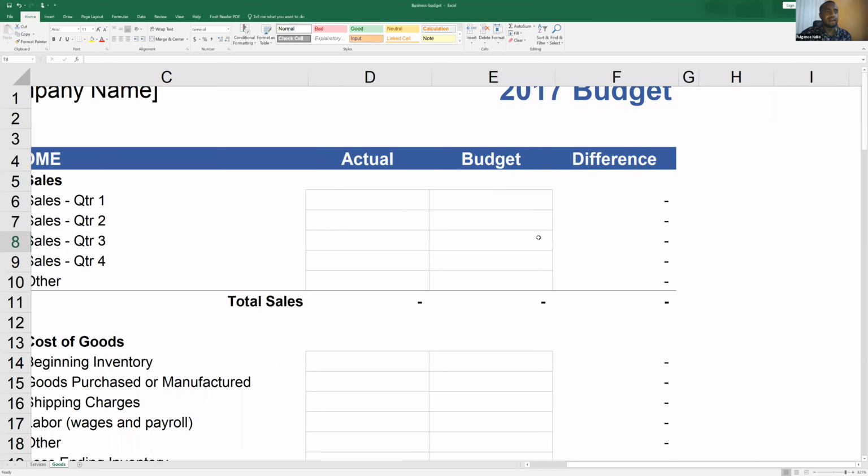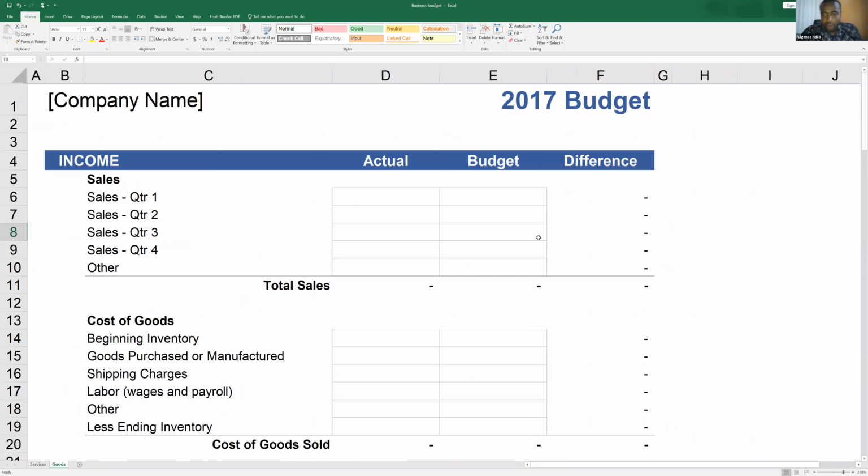Let me try and expand it before I share it, because I want to zoom it in so that you guys are able to see. I hope this time it will accept to share. Yeah, now it's on.